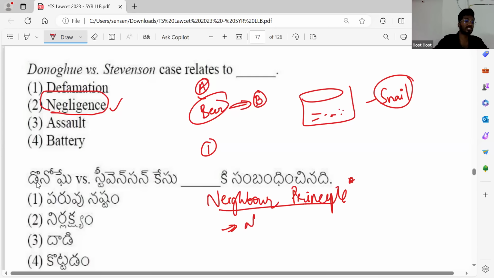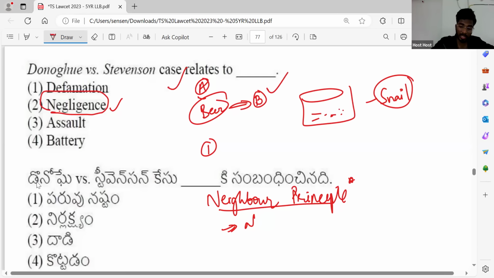A purchased the beer bottle and gave it to B, which means that B might be affected if there is a problem in the bottle. So neighbor includes all those people who might be affected by your act. B was allowed to file a case using the neighbor principle because she is affected because of that act.